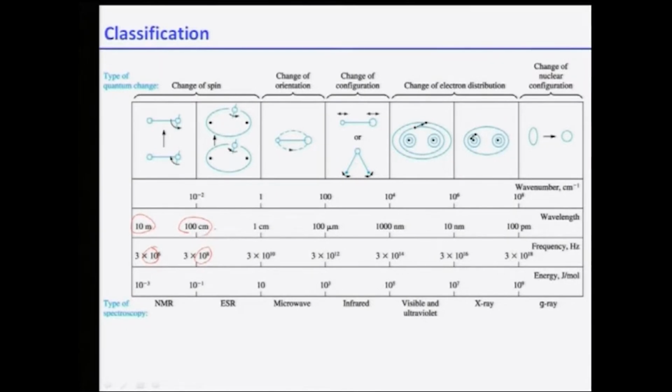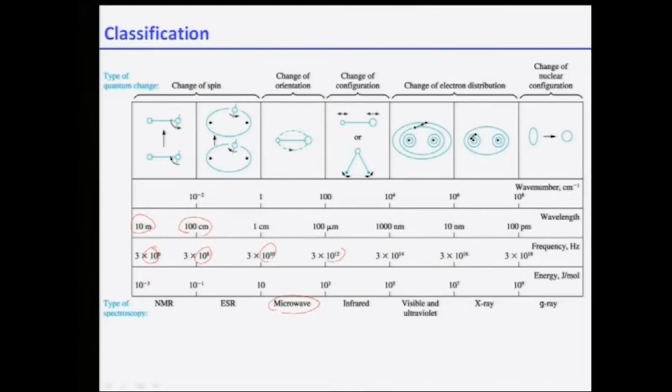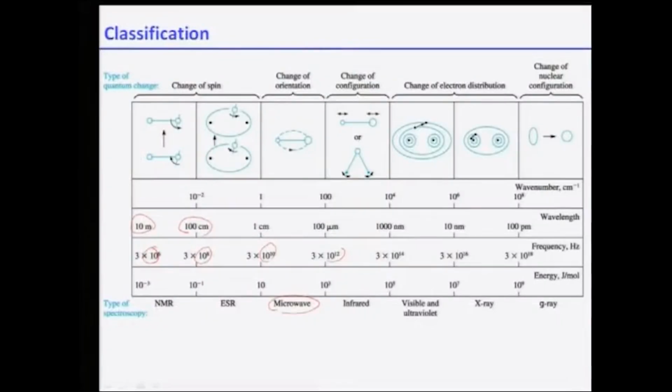On the other hand, if the energy levels are increased a little, with frequency from 10 to the power 10 to 10 to the power 12 hertz, that obviously corresponds to an energy increase. If we go to the microwave region, then we have a change of orientation of the molecules. Infrared can also lead to a change of configuration of the molecule, and in the visible and ultraviolet region you have a change of electron distribution, or transitions between the different electronic states, which can include rotations.